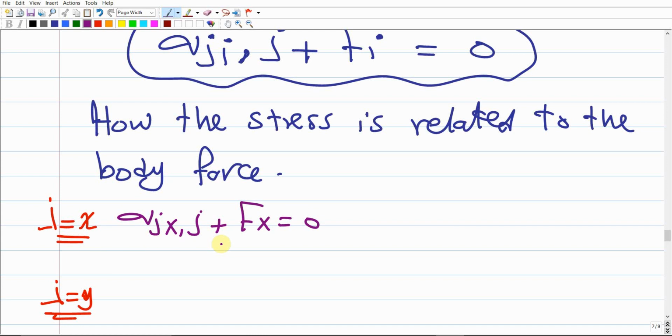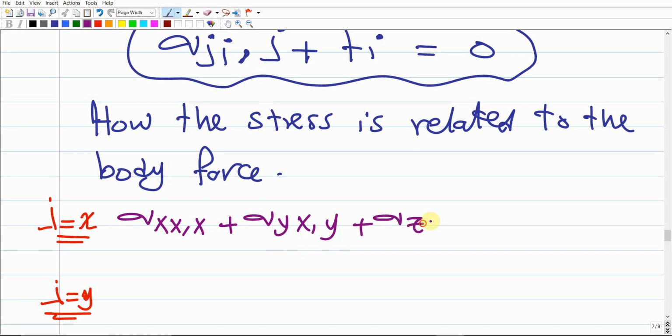But j is a dummy index, which means it should be repeated, once as x, y, and z, and you just sum. It means that this term will be divided into the summation of three terms. So we can write sigma xx comma x plus sigma yx comma y, now j is z, sigma zx comma z, plus the body force, which is just one term, fx, equals 0. And this gives us the first equation.